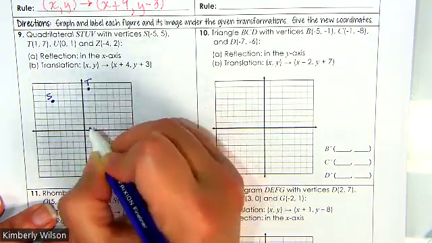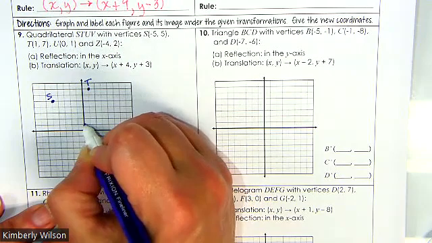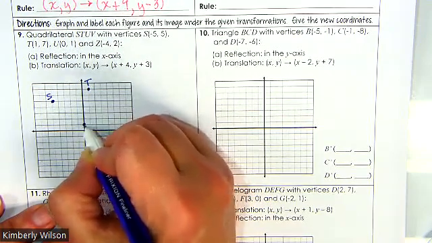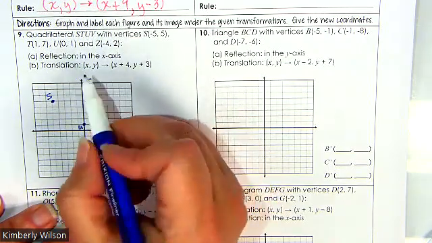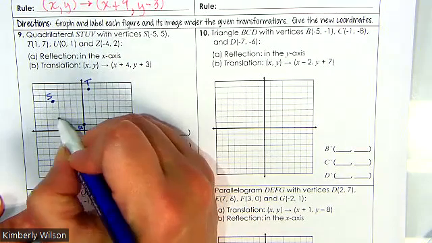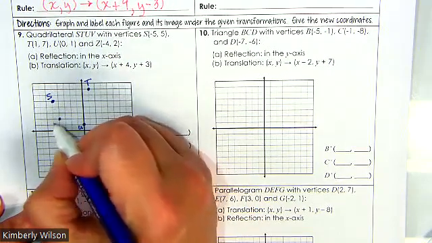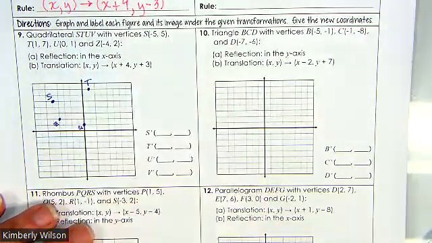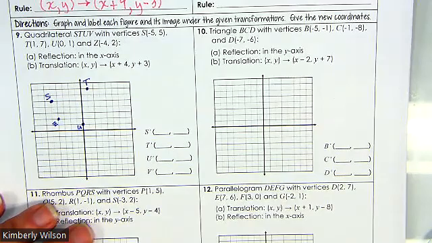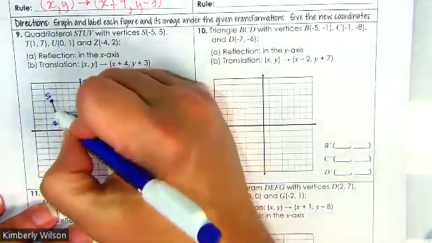And then we have U, which is 0, 1. And then we have Z, which is -4, 2. Okay, and now we plot the points.